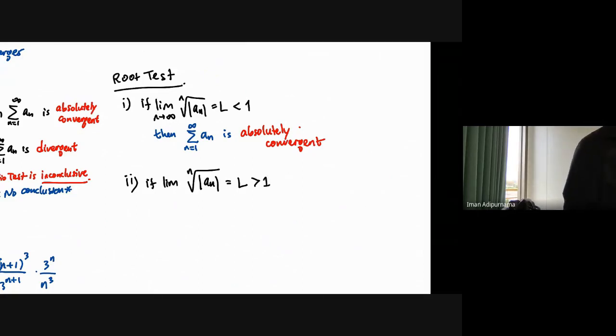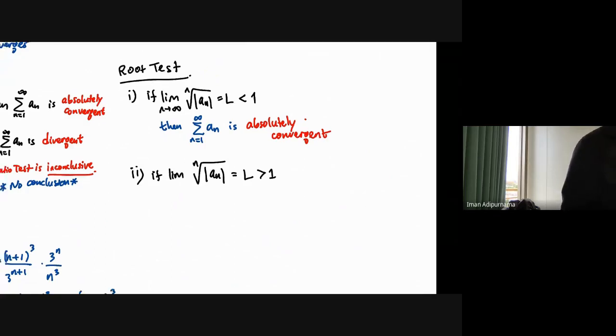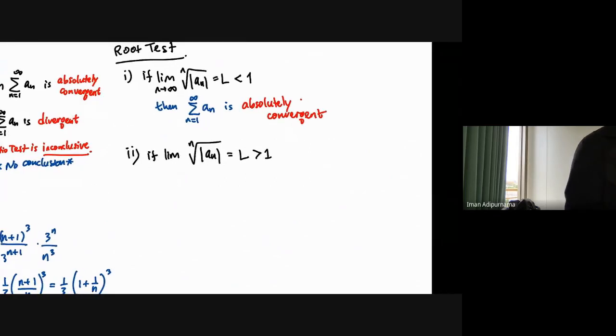So if L is less than 1, then the series will be absolutely convergent. So it's quite similar to the ratio test. Okay? So L is less than 1, greater than 1. So if greater than 1, it's divergent.